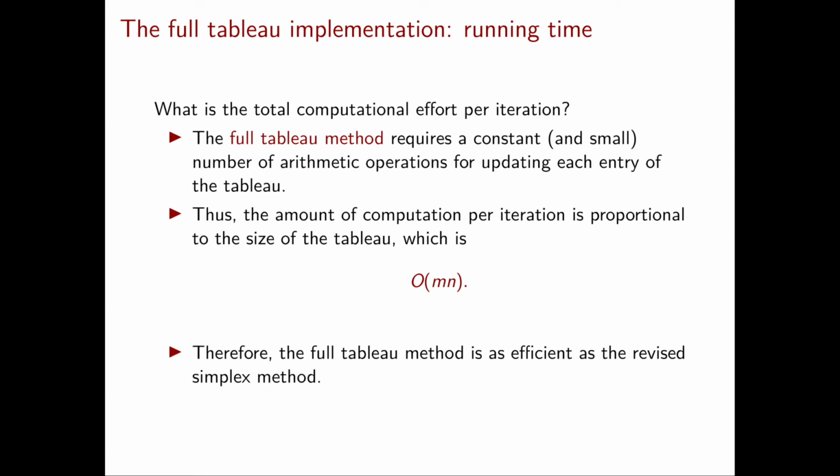So we have now understood that the full tableau implementation and the revised simplex method are the most efficient, while the naive implementation is less efficient. We have seen that both the revised simplex method and the full tableau implementation require big O of mn operations per iteration.